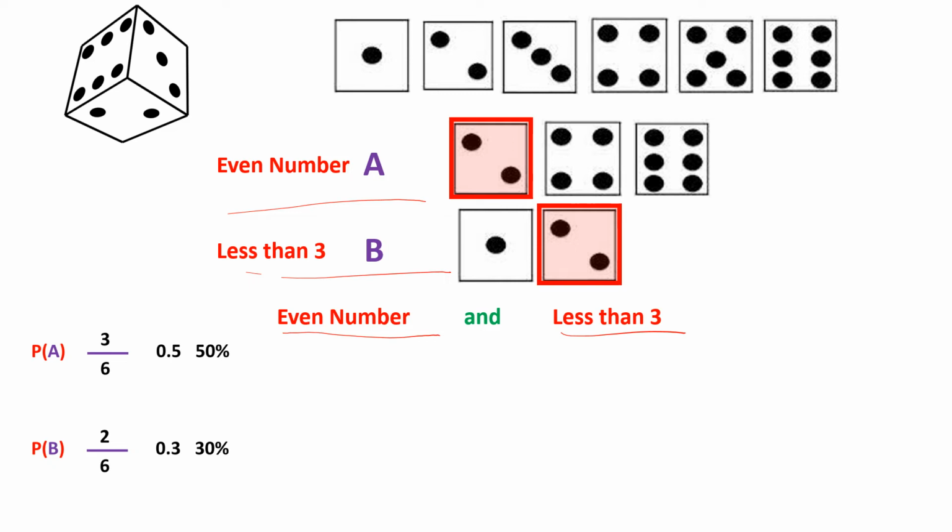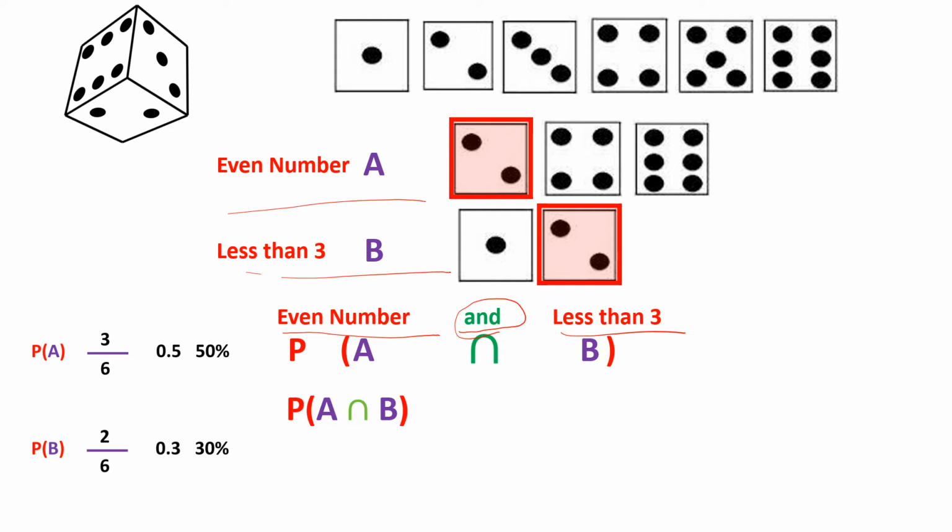So if you put the event name A and event name B, the question comes, what are we going to say for this particular thing? This is represented by an inverted U, which is known as intersection. So in terms of mathematical representation, we say: what is the probability of getting A intersection B? There is only one favorable outcome.